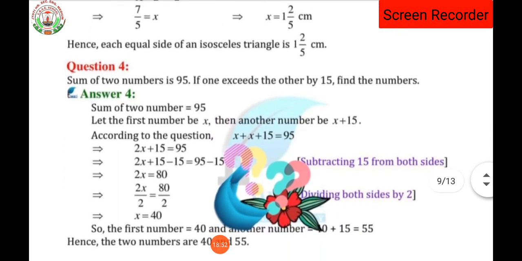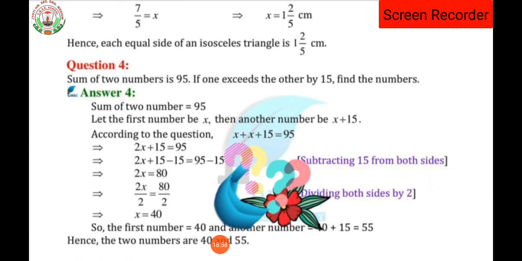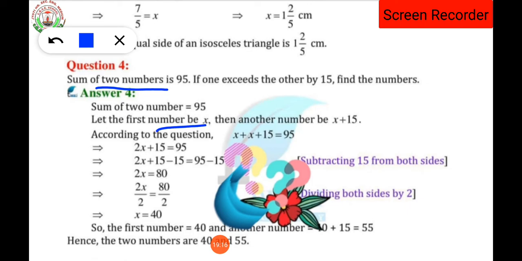We are having question number 4. Sum of two numbers is 95 if one exceeds the other by 15. Find the number. So the sum of the two numbers is 95. If one exceeds the other by 15, find the number. So let the first number be x.